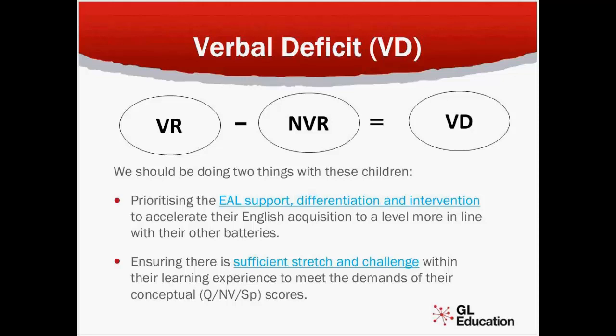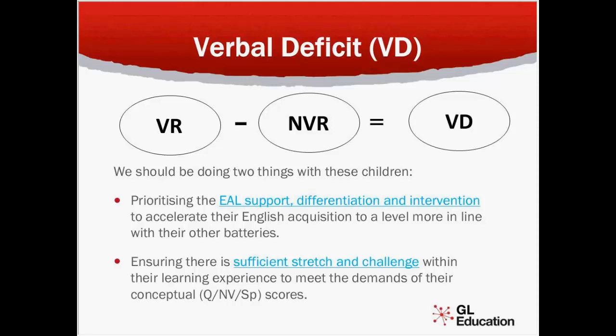If their verbal score is lower than their non-verbal score, they could be doing really, really well because the non-verbal score is high. But if the verbal score is lower, it means there are issues with language acquisition in English and literacy that's preventing them from demonstrating how bright they are.